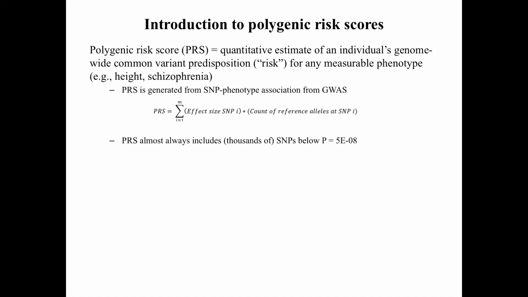And when we look at the results of genome-wide association studies, we're most used to looking at the SNPs that reach Bonferroni corrected statistical significance, so 5 times 10 to the negative 8 typically. There's a lot of polygenic signal that resides below this threshold. So our polygenic risk scores typically include hundreds, thousands, or tens of thousands of SNPs below this threshold to create the maximally powered polygenic risk score.